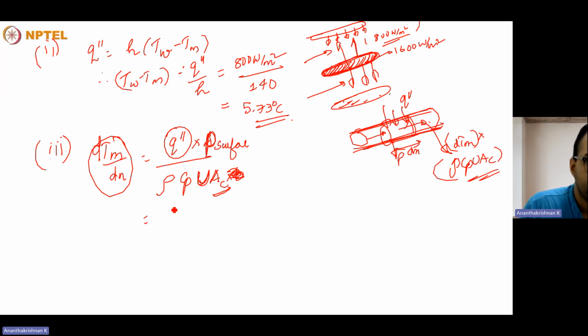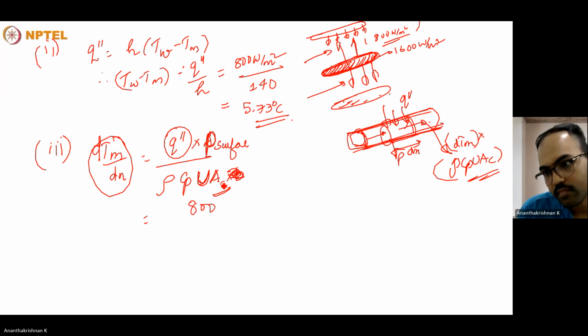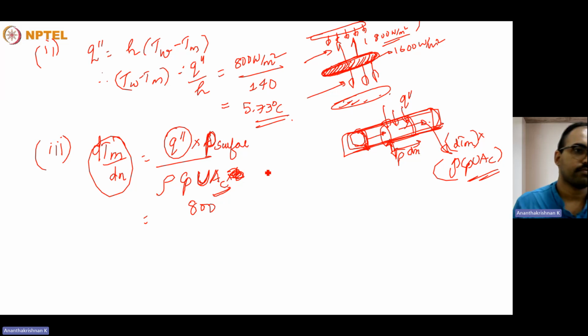So in this one, this is a blade thing. The distance between the two blades is given. The heat flux is given as 800 from one side. So if you assume the heat flux from one side is Q double dash, taking the mean temperature and the wall temperature on the one side, you can get the heat flux.